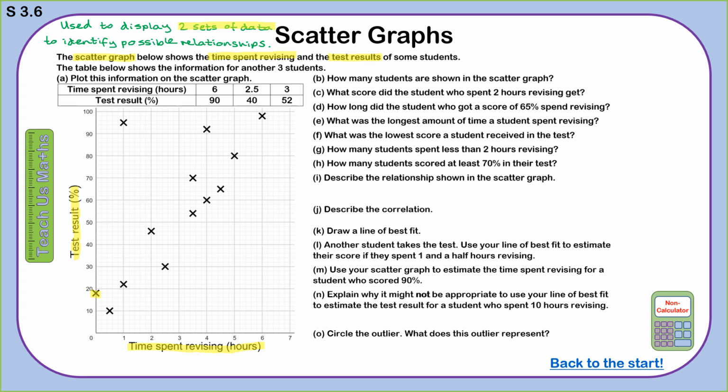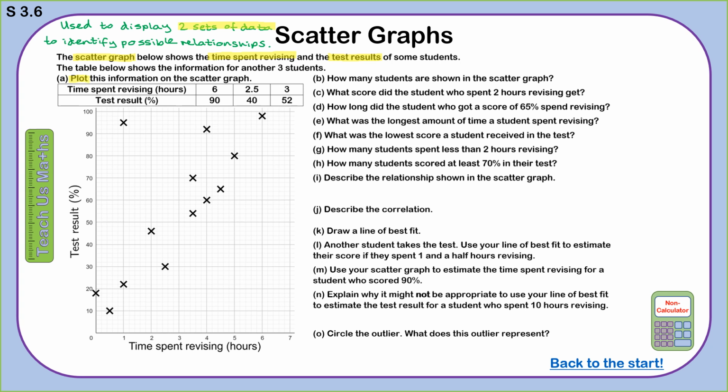It's important that you are confident with the scales of both the x and y axis. And this student here spent 3.5 hours revising and got a test result of 70%. And so on.